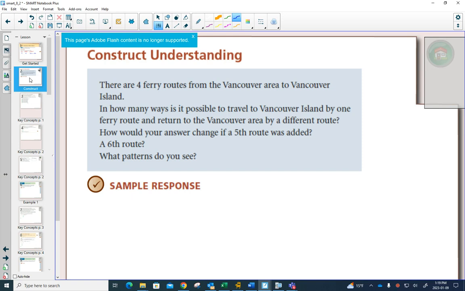Decision number 1 is getting there. Decision number 2 is getting back. So I could describe, just as a little description underneath each of those decisions, Vancouver to Vancouver Island would be my first decision, and then I got to decide on how many ways I come back.